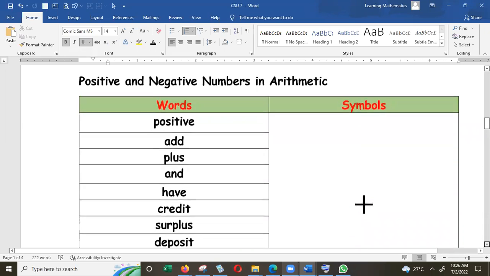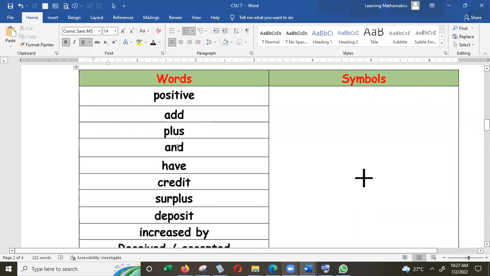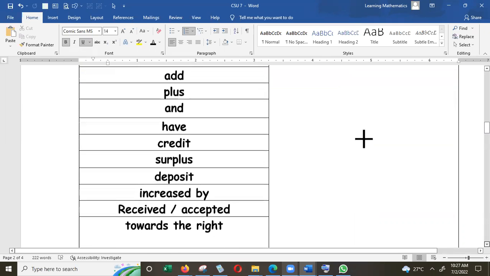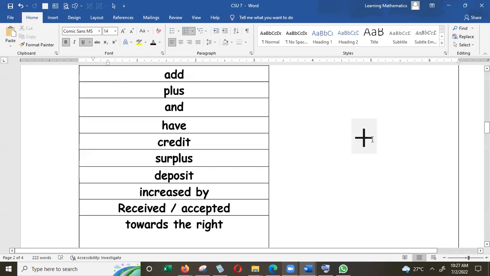Okay, so the words plus, positive, add, and, have, credit, surplus, deposit, increased by, towards the right, all this is given the positive sign.